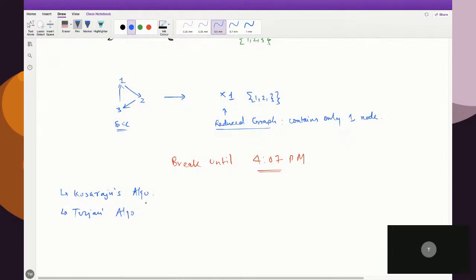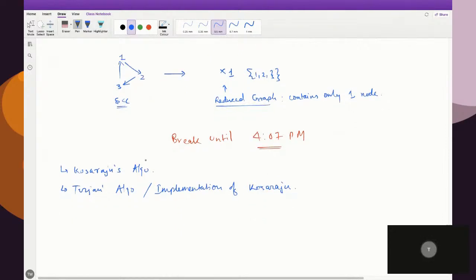Either we will talk about Tarjan's algo or the implementation of Kosaraju. So these are two things that are still remaining after the break.